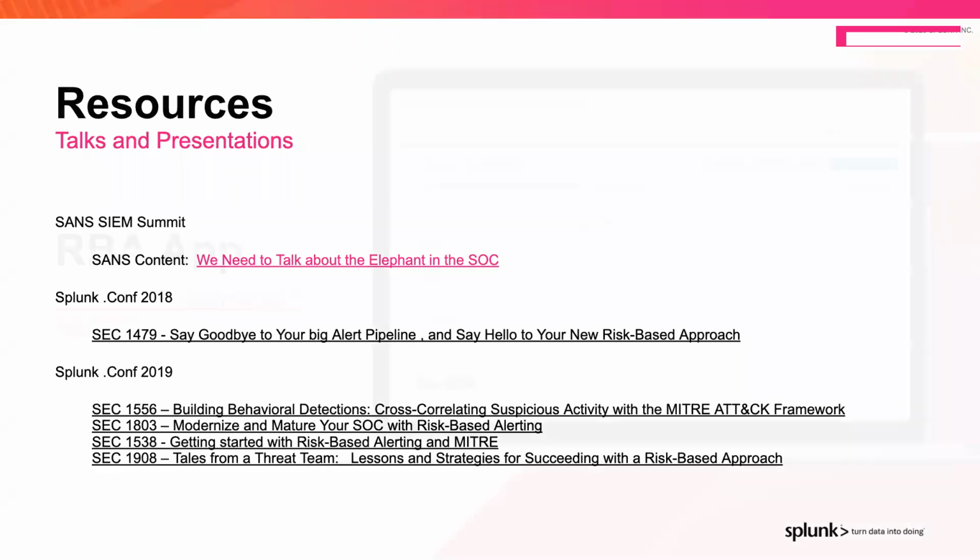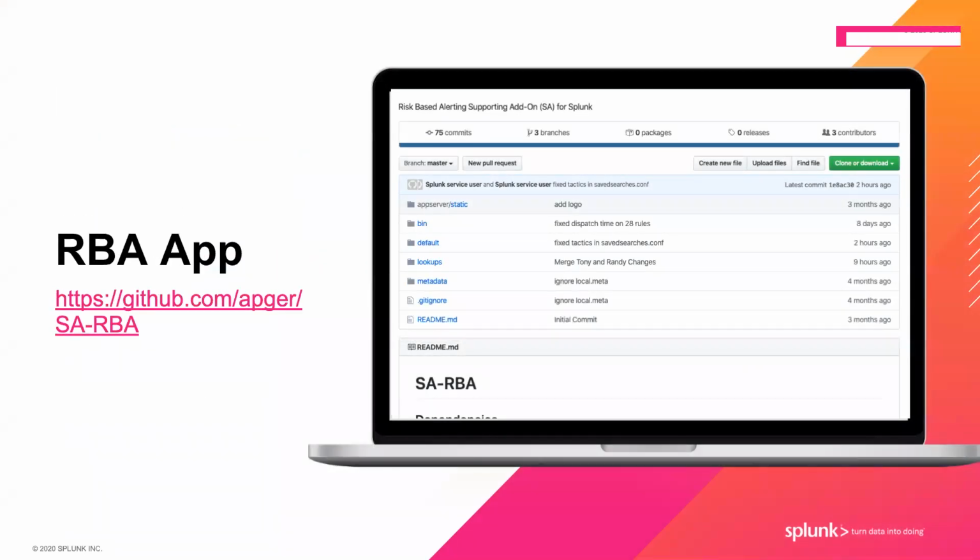There's also the RBA app, which you may have seen in the demo, called SA RBA. This contains a lot of the macros, lookups, dashboards, all that stuff that you need to get started, ready to go. And you just throw it on Splunk, and it's constantly updated, constantly improved. So definitely follow that.